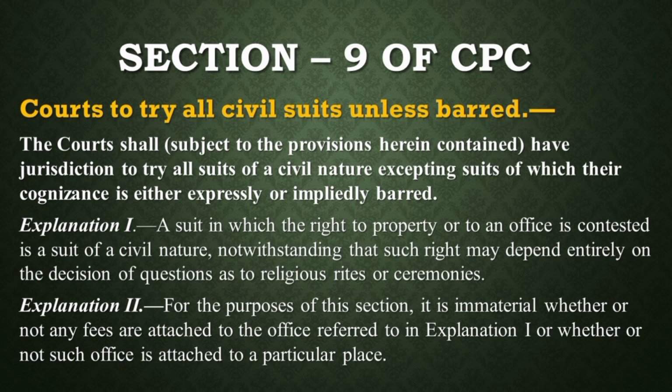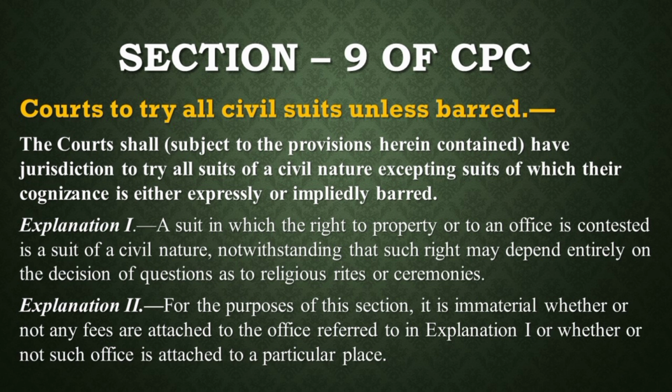The first explanation is that a suit in which the right to property or an office is contested is a suit of civil nature, and it does not matter whether such right may depend entirely on the decision of a question as to religious rites or ceremonies.